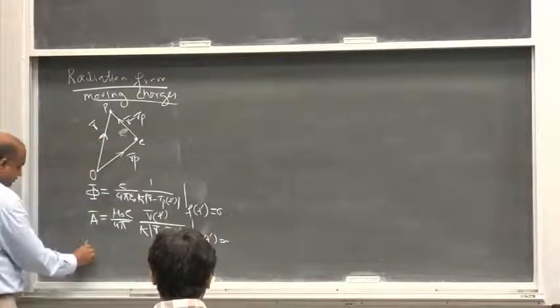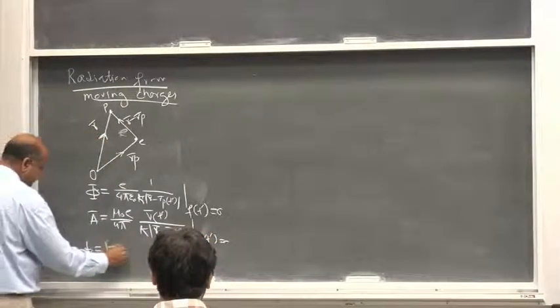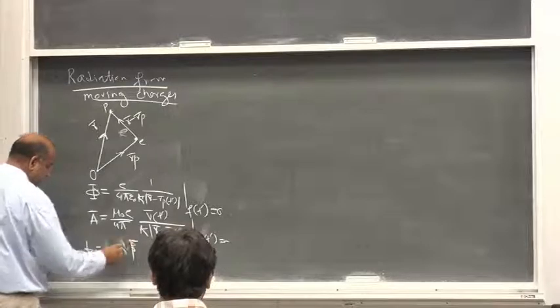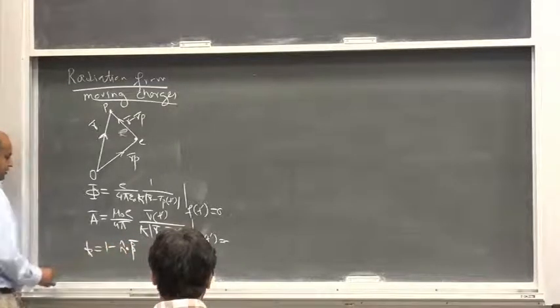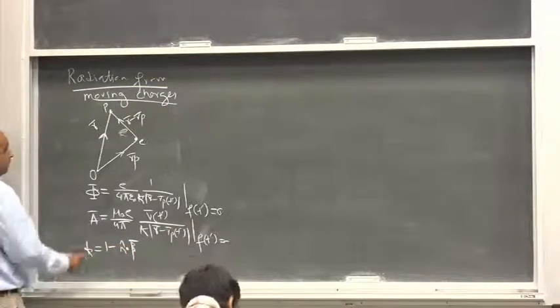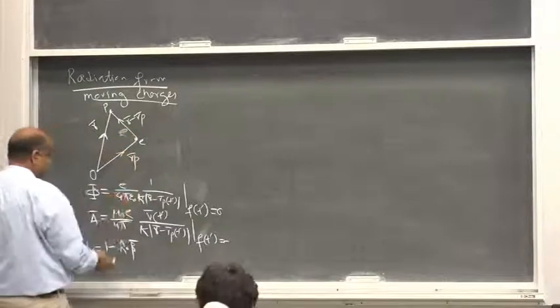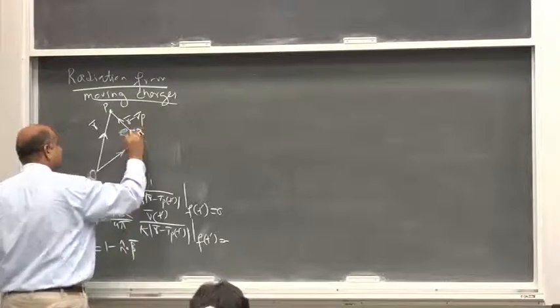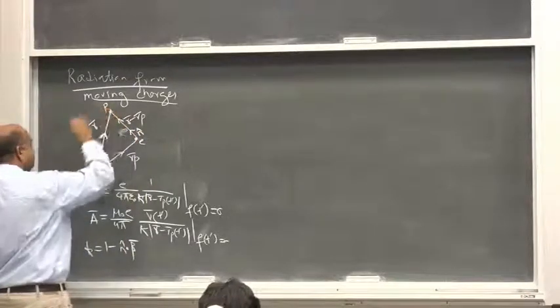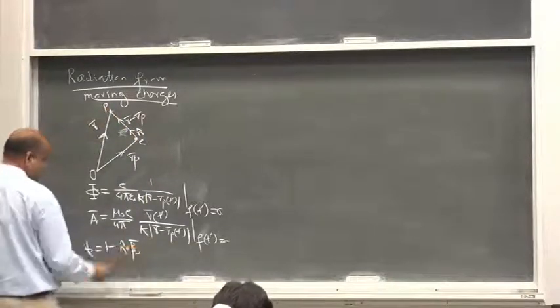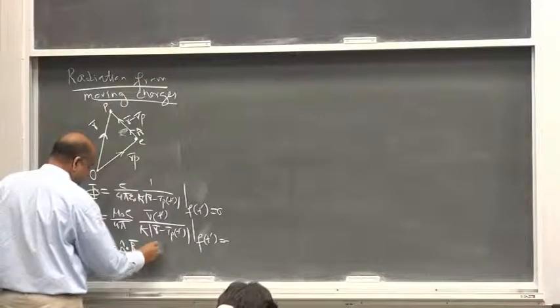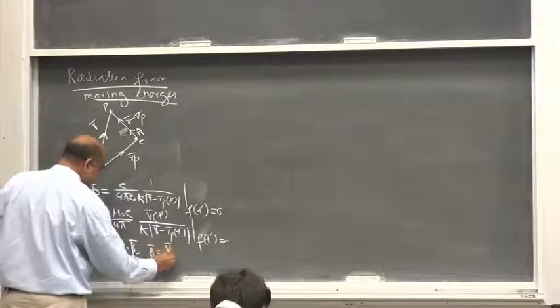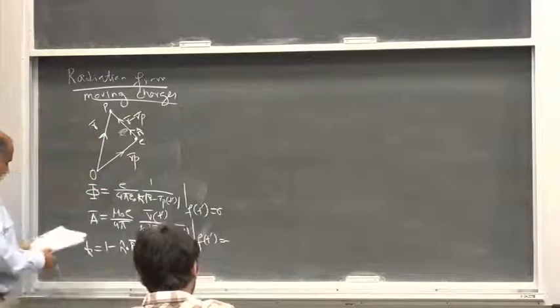Here the top part is 1 minus n dot beta, and n vector is this, it's directed from the charge to the field point, and beta is normalized velocity.